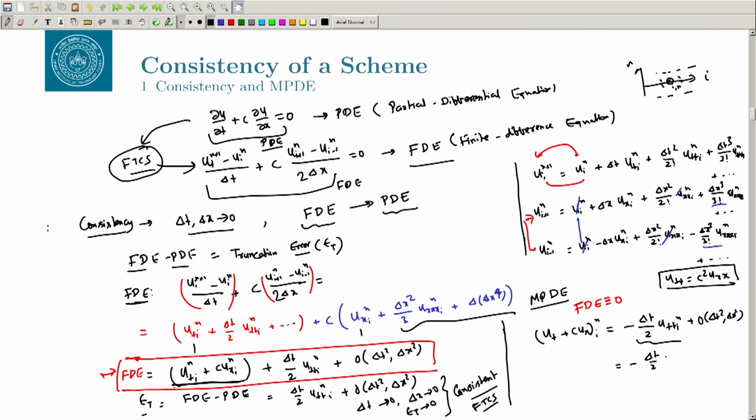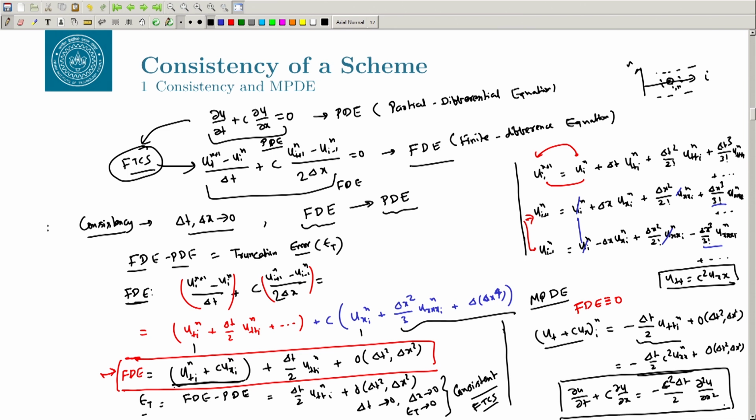So this will become minus delta t by 2 c squared u_xx, plus order delta t squared, delta x squared. So your MPDE becomes, taking all these things together at n, del u by del t plus c del u by del x is equal to minus c squared delta t by 2 u_xx, or in full form del 2 u by del x squared.